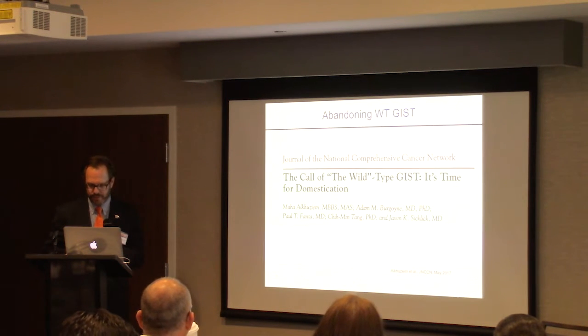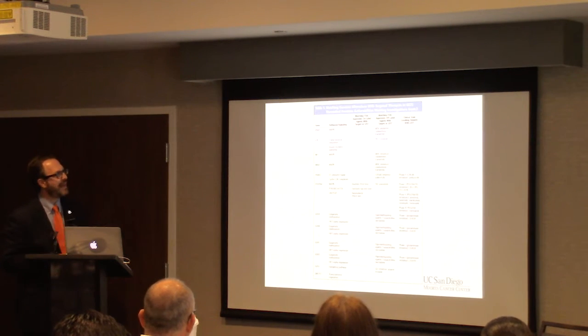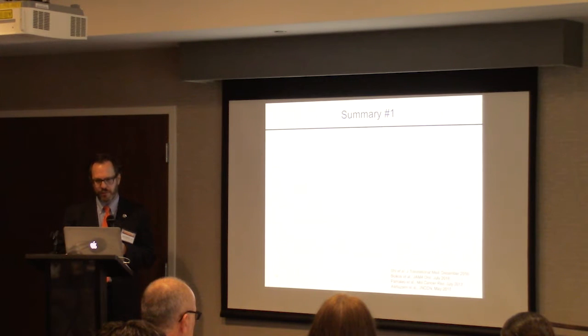So it pushed to have these called unclassified GIST if we don't know what it is, just because we're starting to learn all the different genes and pathways within these tumors. It's not just one gene, it's not just KIT, it's not just PDGF. There's a lot of other things we need to start thinking about, and potentially some of these are targetable with drugs. And so this opens up the concept of precision medicine.